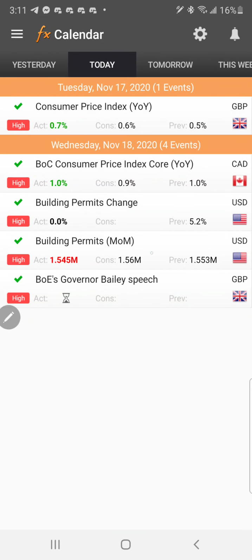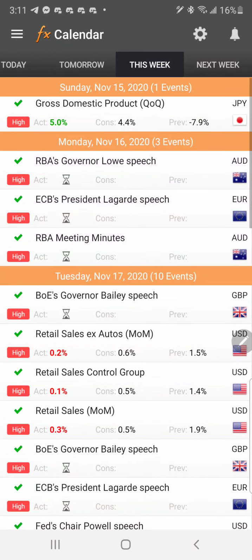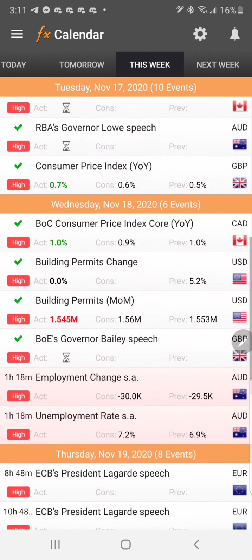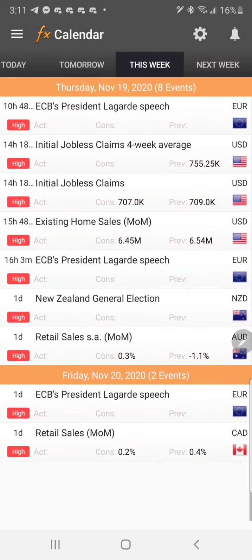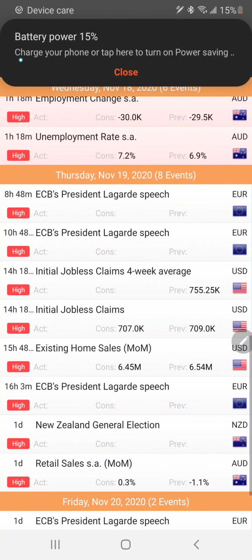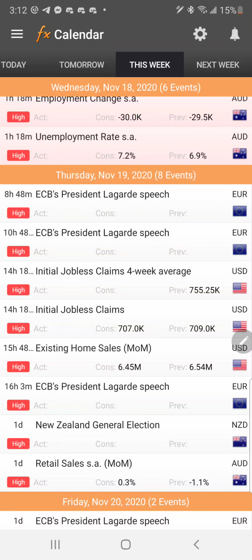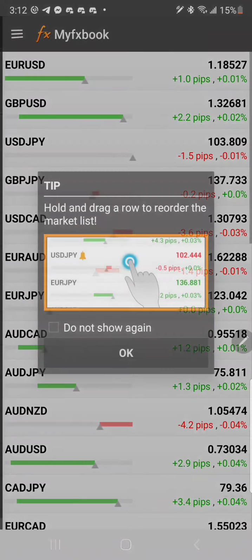So MyFXBook, like I said, is an economic calendar. So these were all the economic events that could have impacted the markets and made it fluctuate more. Sometimes the heavy movement, fast movements, they're linked to these. So this is what's going on tomorrow. For example, we have some presidential speeches in other countries, so that should move the markets a little bit.